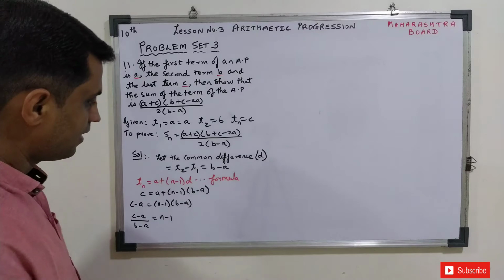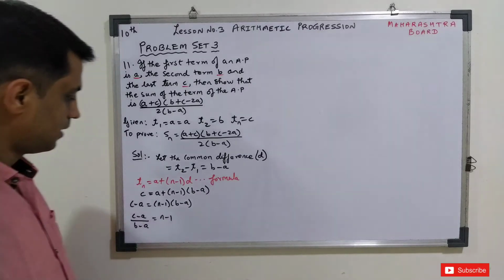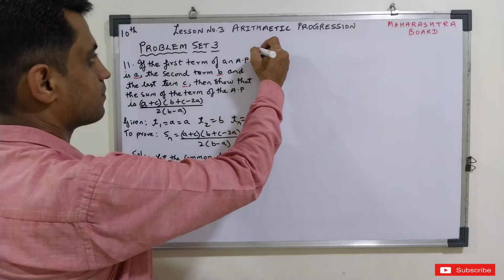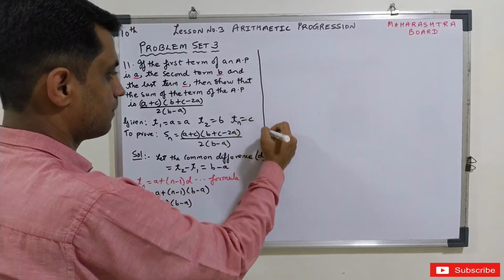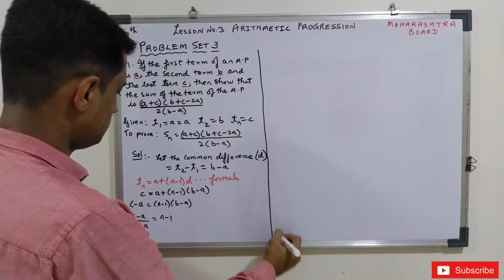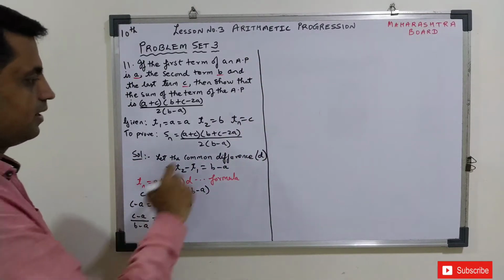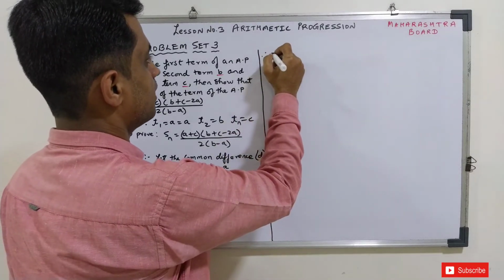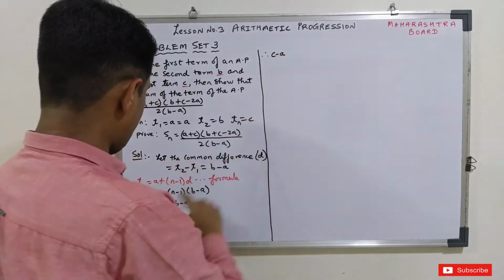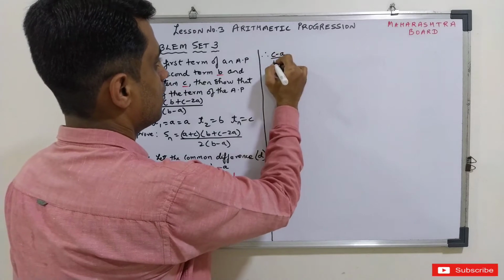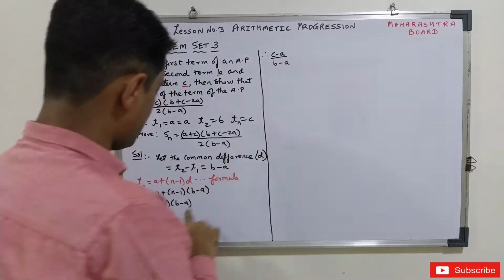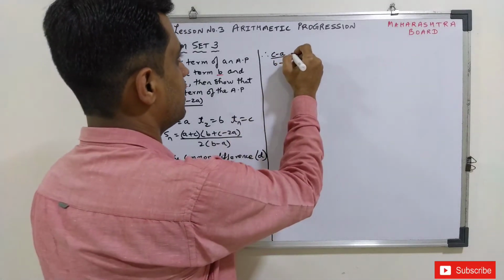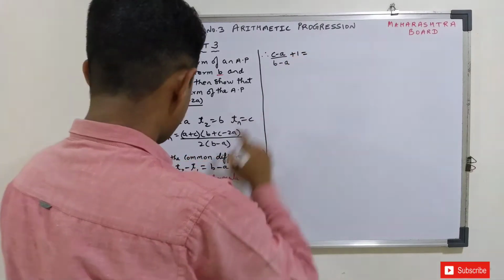What will be left? n minus 1. Yes. Now shift this 1 here. So this will become C minus A upon B minus A, plus 1 is equal to n.